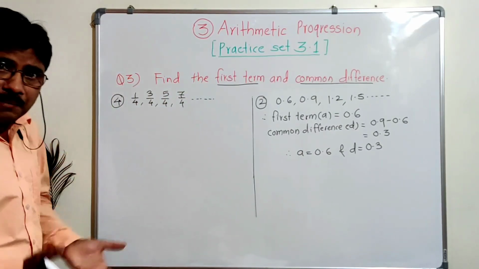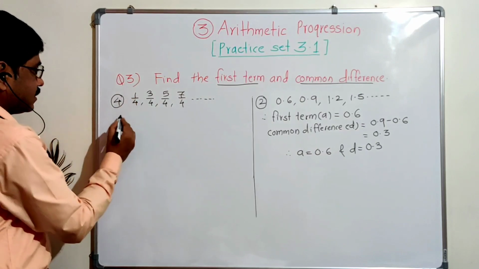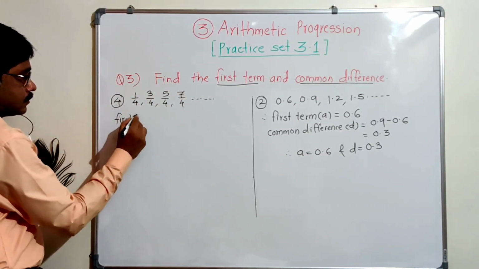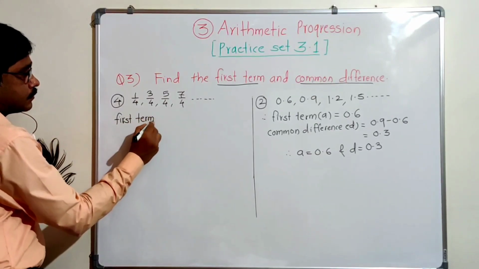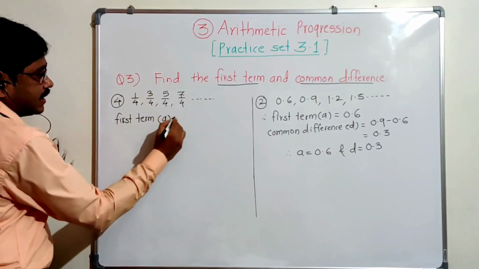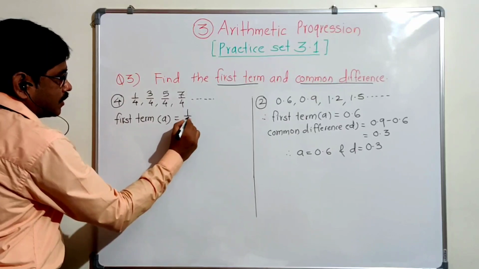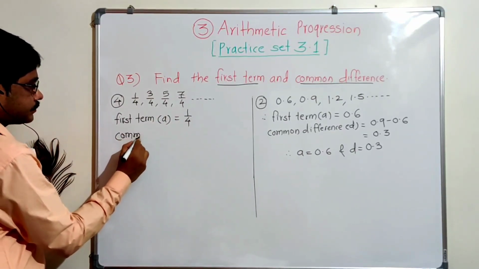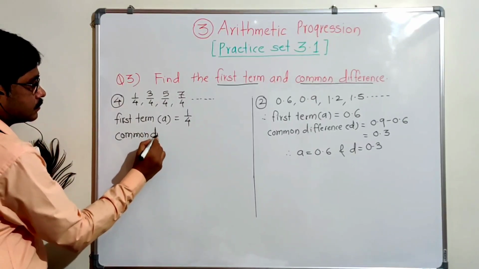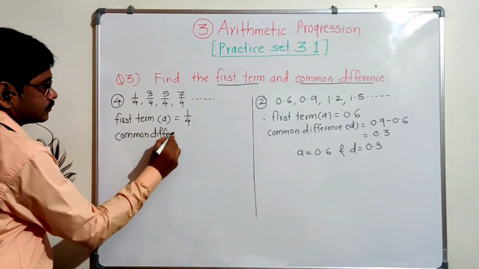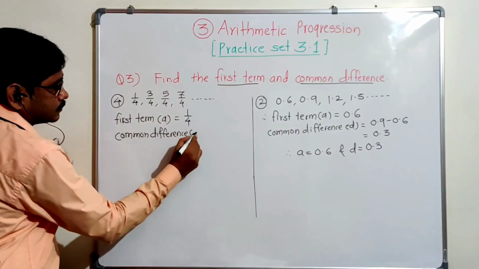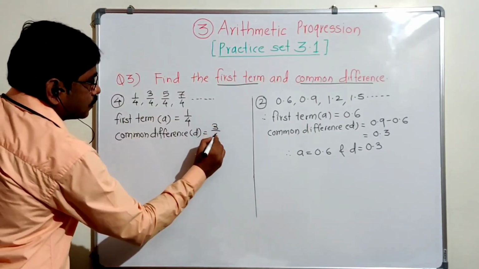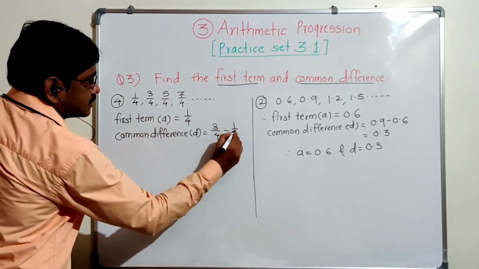It is already AP. So here the first term, which is denoted by A, is equal to 1 upon 4, and the common difference, which is denoted by D, is equal to second term T2 minus T1.